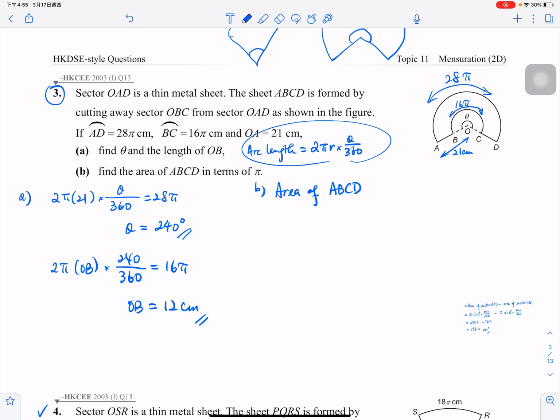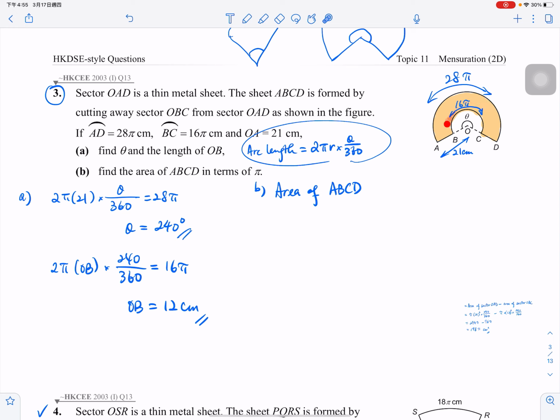Clear? That's great. Part B: find the area of ABCD. That means you need to find this part.